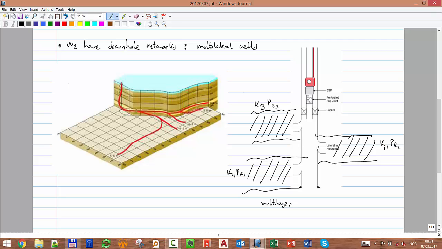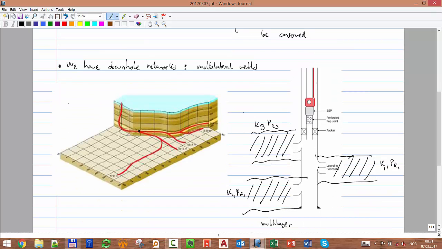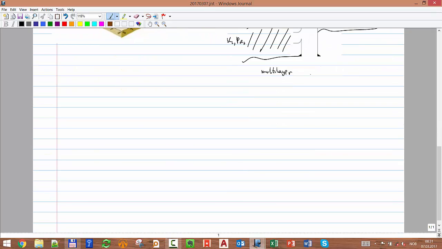Now, you have a downhole network when all of them are producing through the same wellbore. For example, in this case, you have one tubing and a packer, and that is producing from that formation.